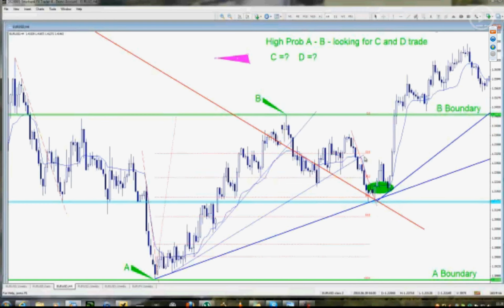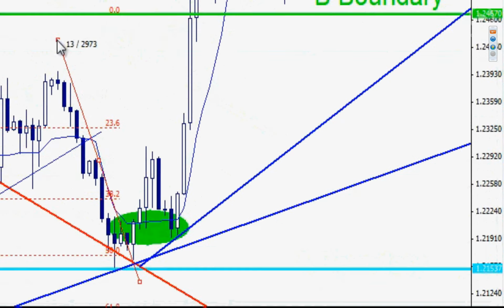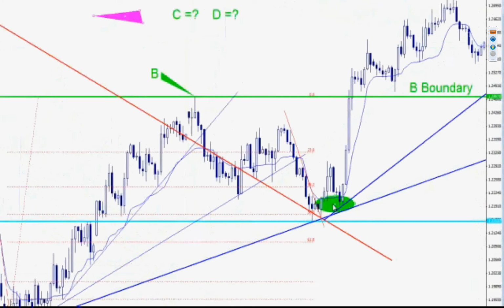Now, when I look at this and I see this trend line, this inner trend line, this one right here, okay? I see this inner trend line break. So this downtrend breaks here and comes across, okay? And look at this area, right here, okay?